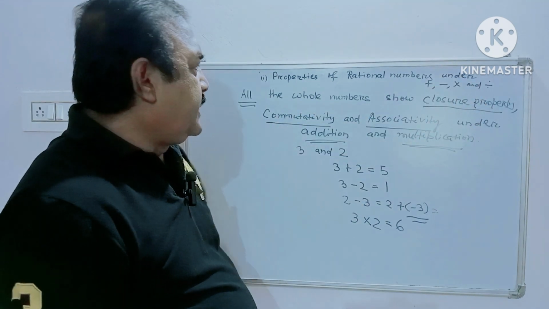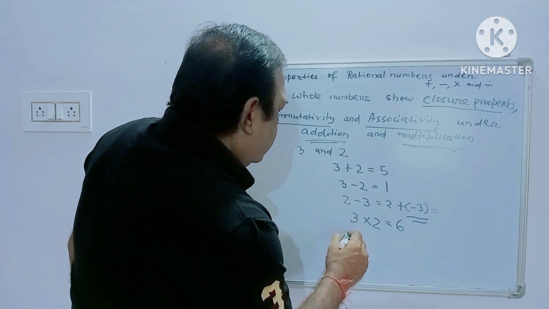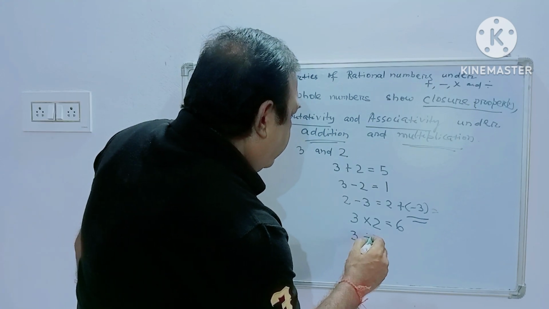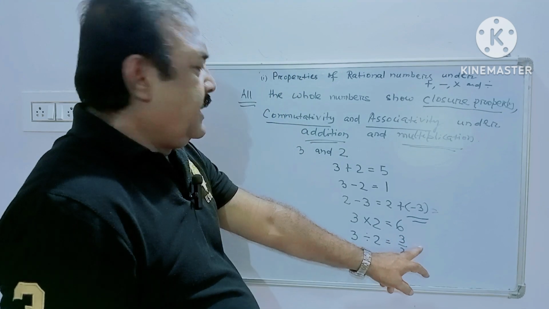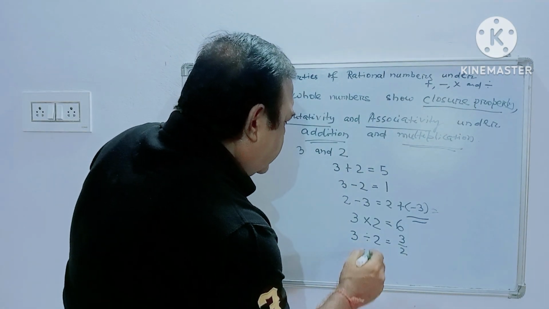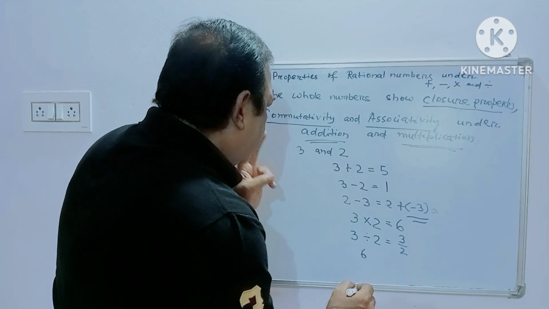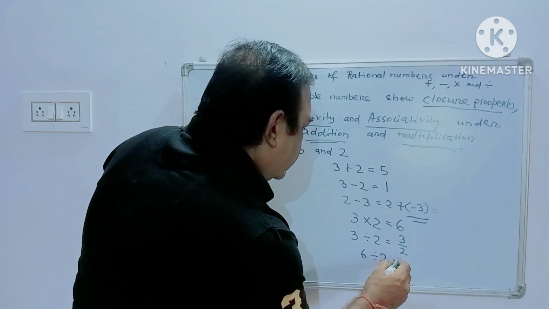Then come to division. Suppose 3 divided by 2, that is 3 upon 2. It is not a whole number. If I take 6 and 2, 6 divided by 2 is equal to 3.